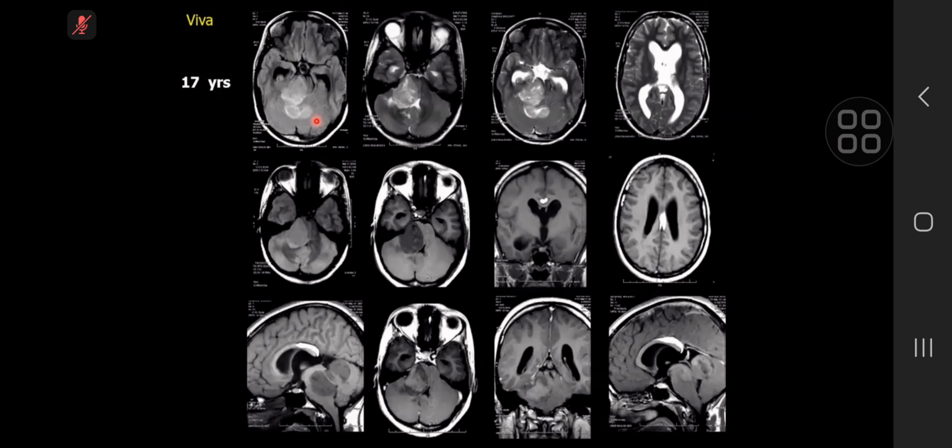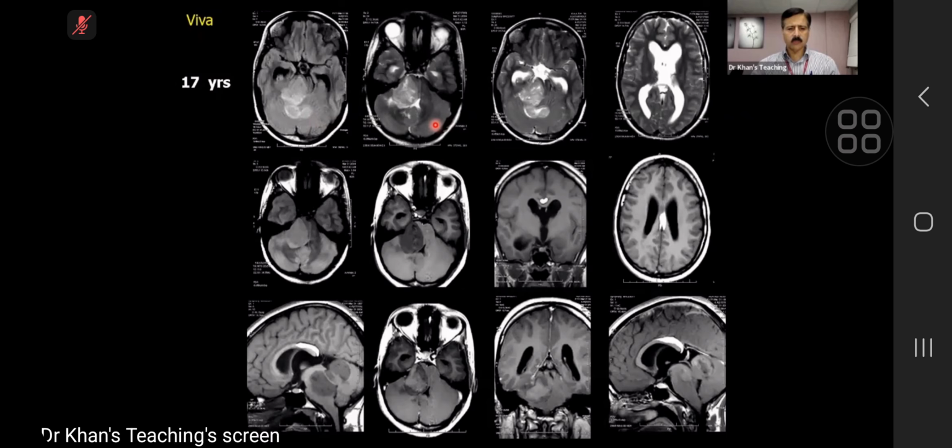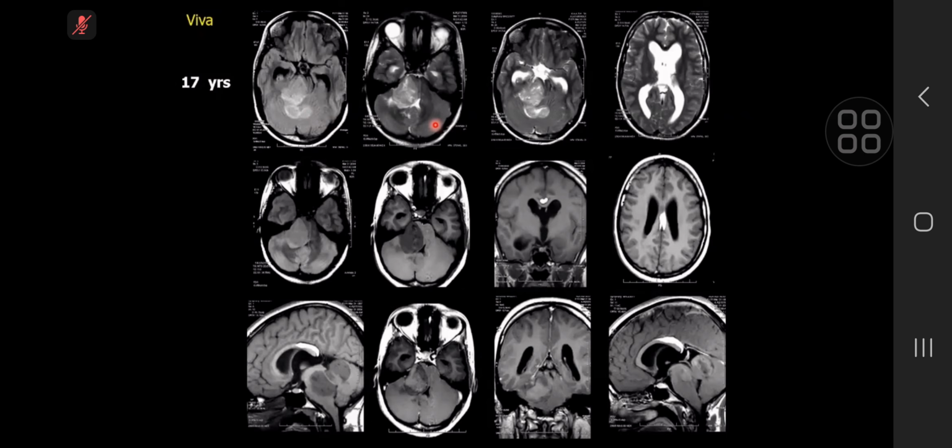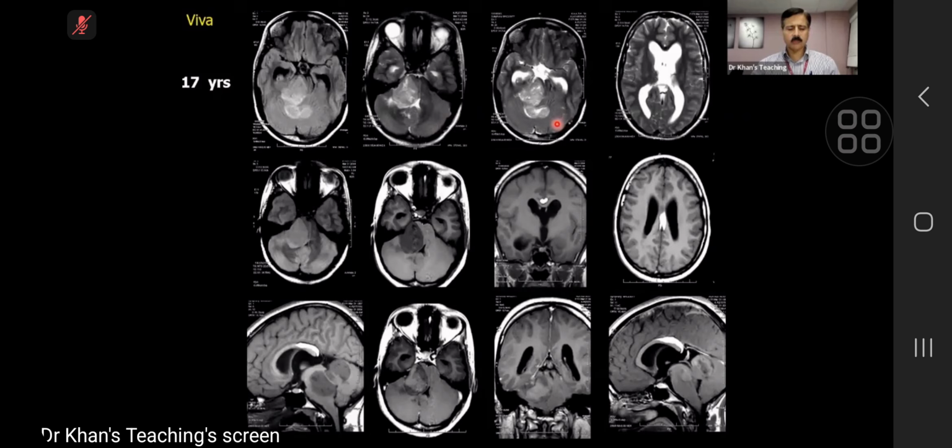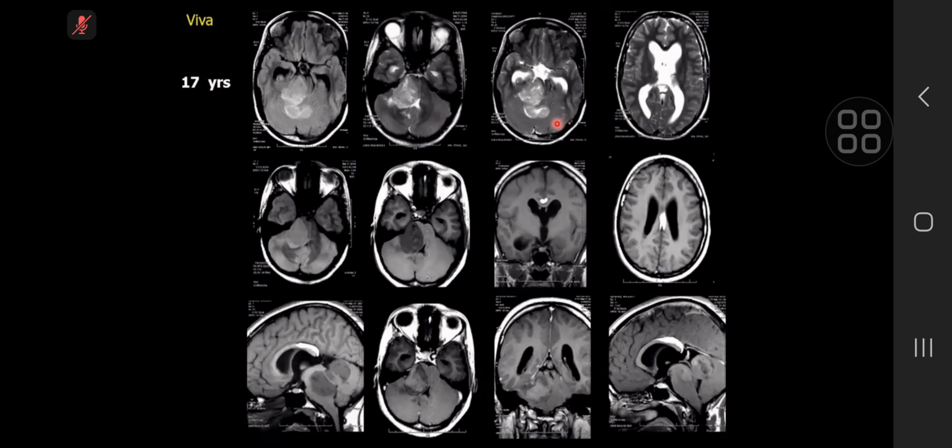So the fluid is attenuated and the white matter is dark, therefore it's a FLAIR sequence. This one? I think this is T2. This one? This is also T2, I believe. Okay, this one?